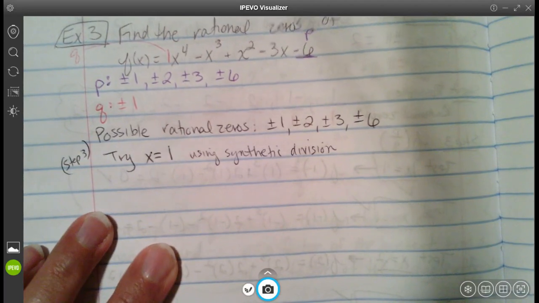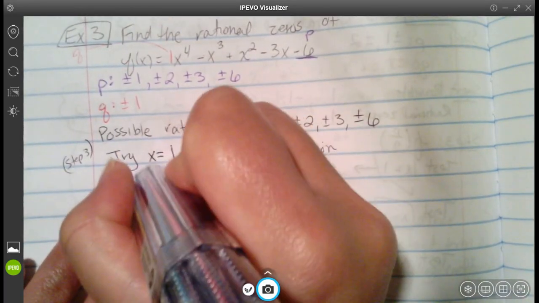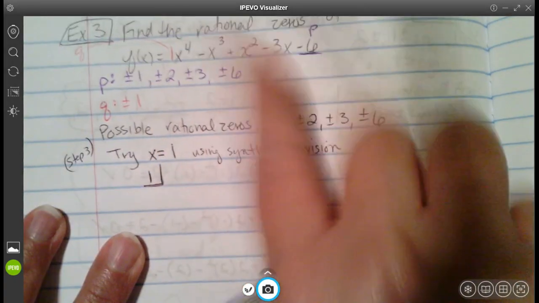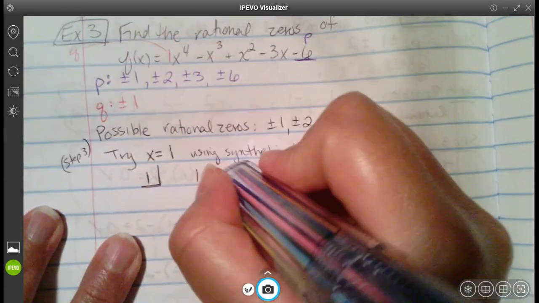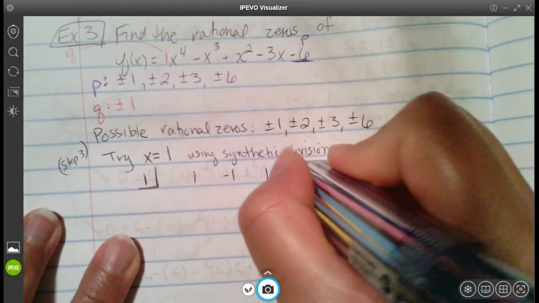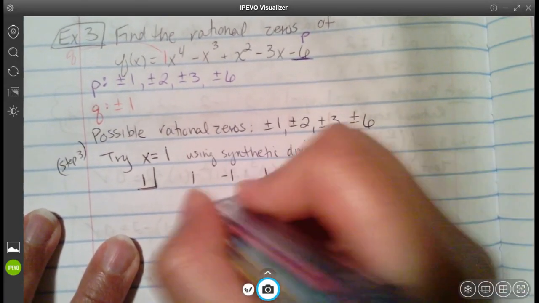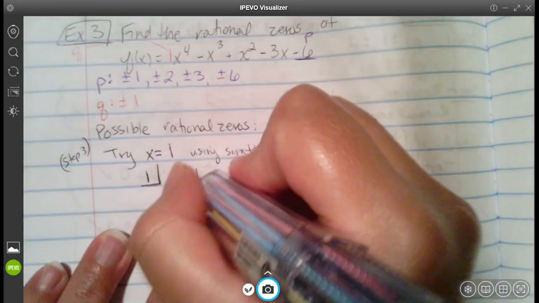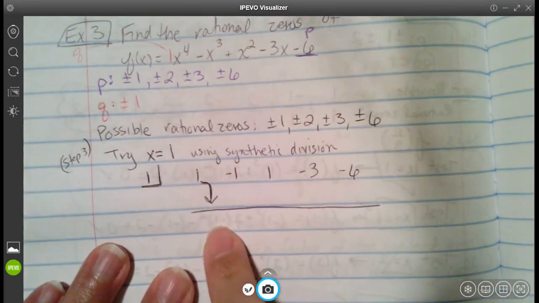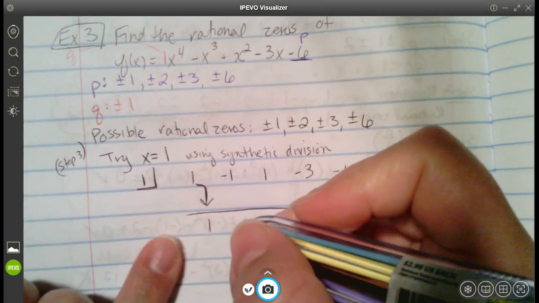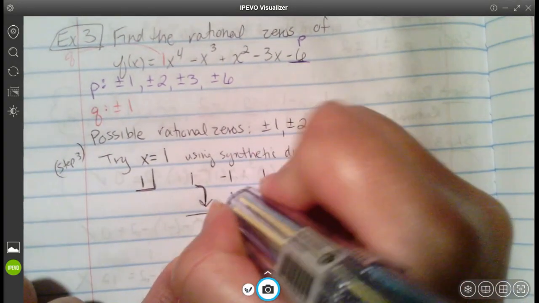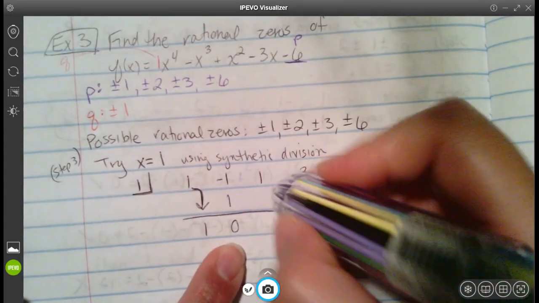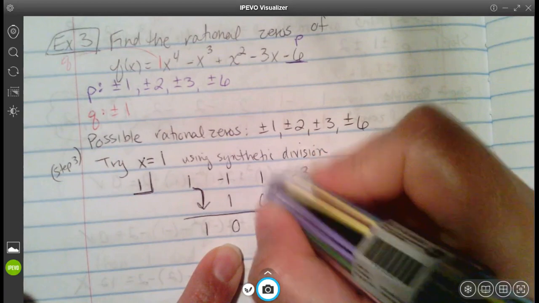So if I use synthetic division, my little box here is going to have that one, okay? And I'm going to take all my coefficients of this up here. So 1, -1, 1, -3, and -6. So bring down my 1. 1 times 1 is 1, so there's that one. 0. 1 times 0 is 0.